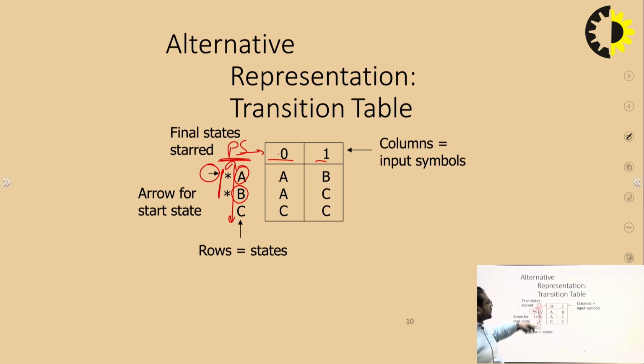Got my point? So there are 3 ways to represent an automaton. Either you can represent it by the 5-tuple, or by using a graph, or by using a transition table.